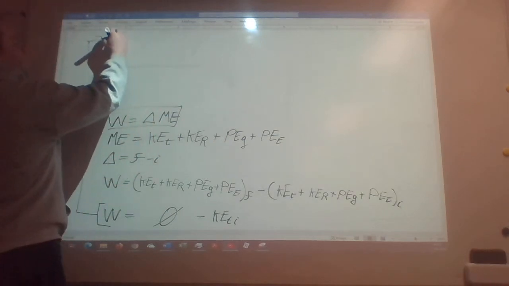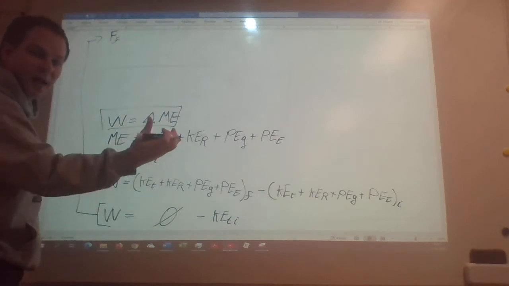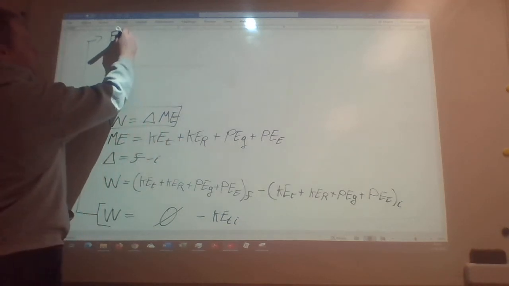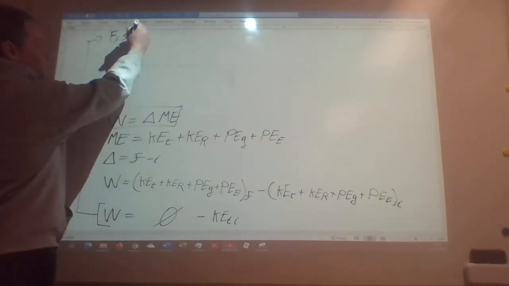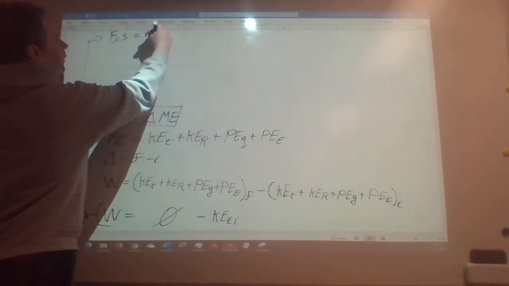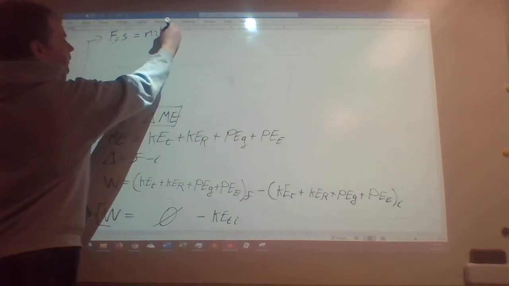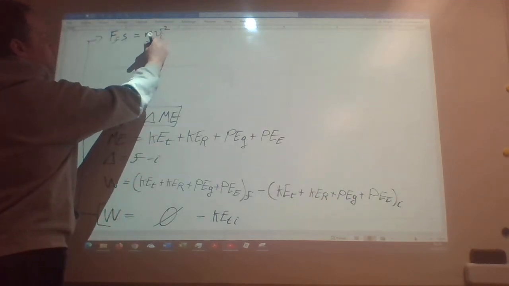So then the force that did the work was friction, because that's what was taking the energy out, times the distance that it traveled would be equal to the mass of the chair times the initial velocity of the chair squared over 2.